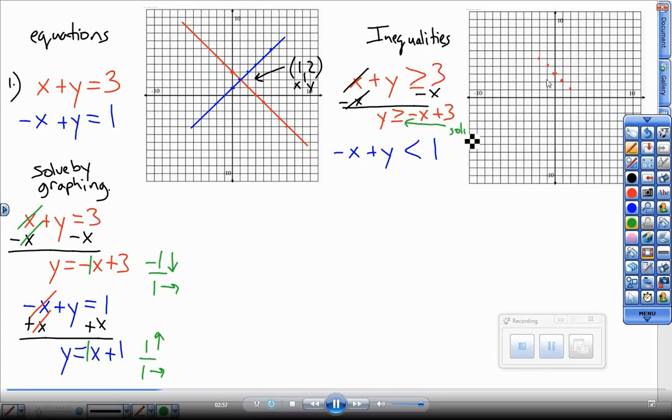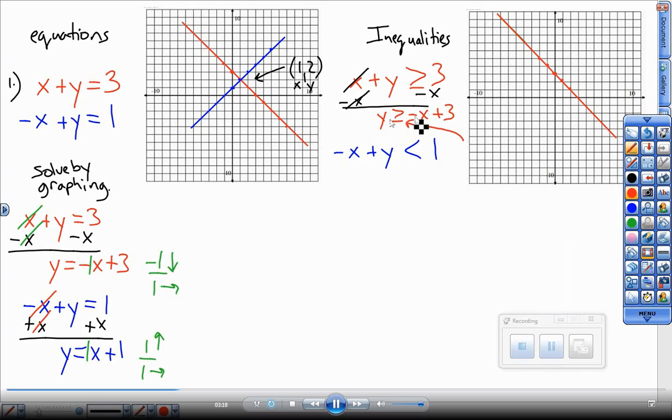Now, before I draw my line, look at the inequality. If you have this equal line under there, that means all the points on the line are good. That means it's a solid line. Any point along that boundary is good because of that. This inequality is y is more than -x plus 3.